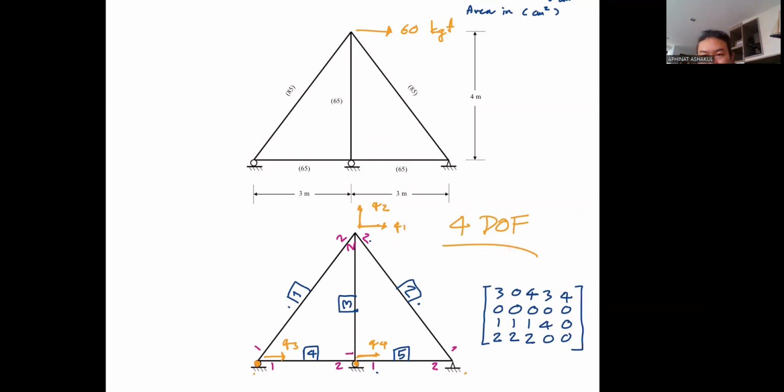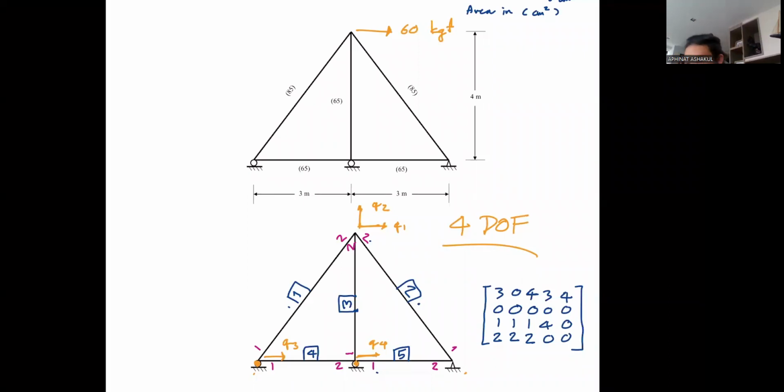So when the degrees of freedom of the system happen to be equal to those of the member, you don't see very well that you actually can have a stiffness matrix with a size related to the degrees of freedom of the entire system. That's just one point that we missed from this example.